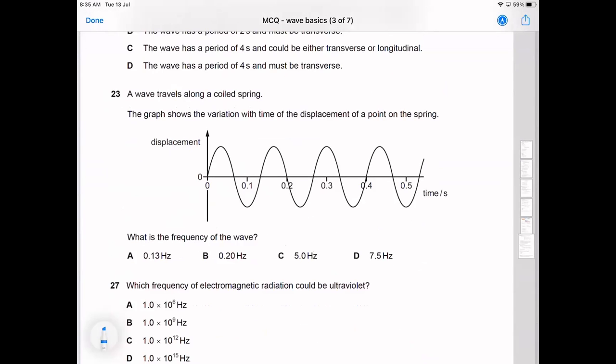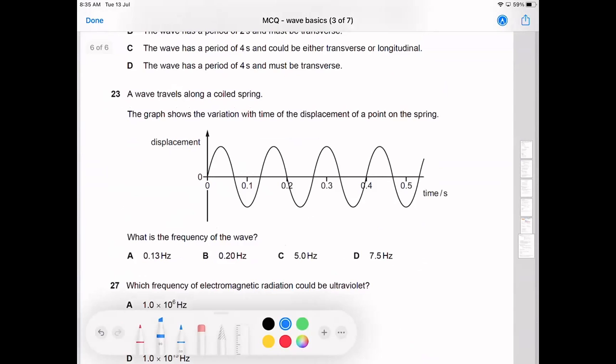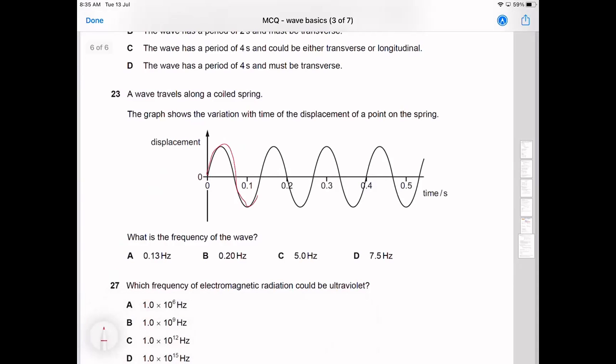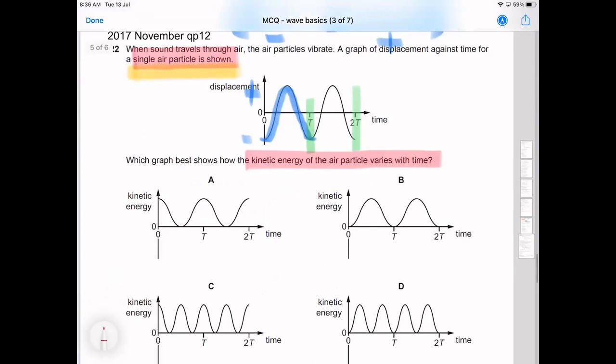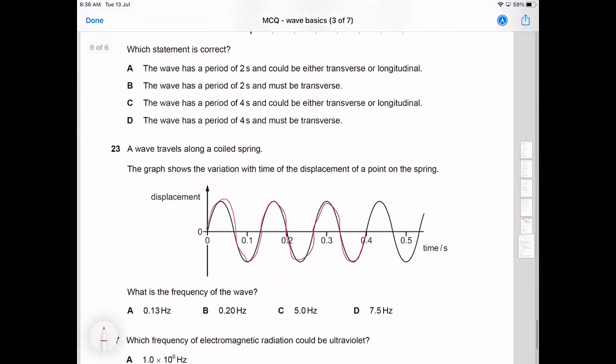Okay, so you've got to find the period. So you've got to find one complete wave. It's going to be difficult because the markings don't line up nicely. So what I'm going to do is count 3 waves. I'm going to count this as 1, that's 2, and then I'm going to go to this point over here and call that 3 waves. I must be careful because of this sidebar here.